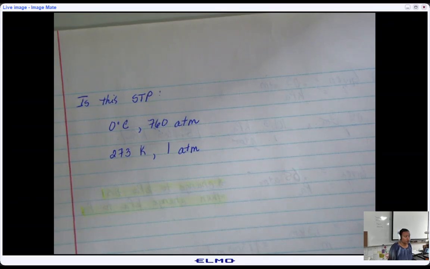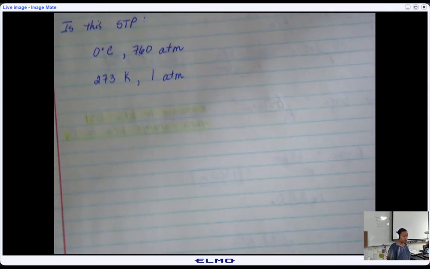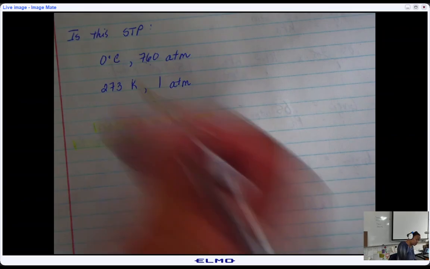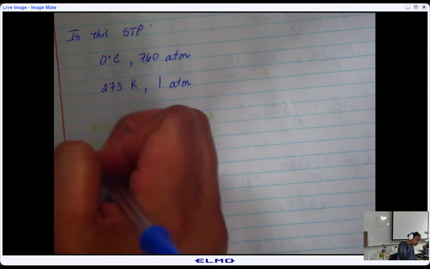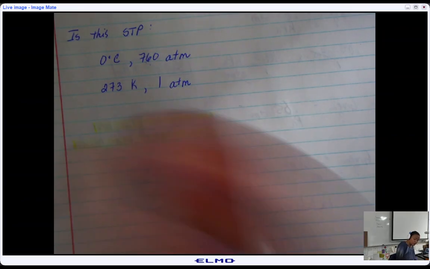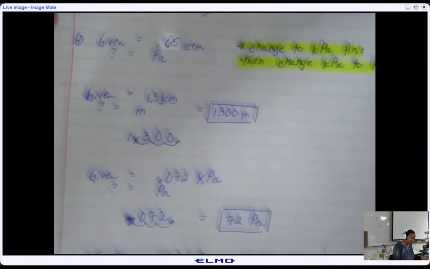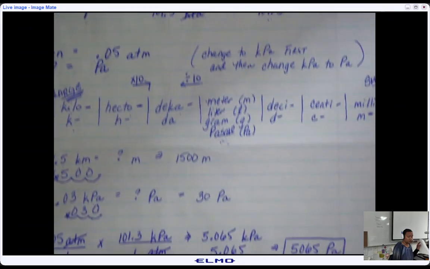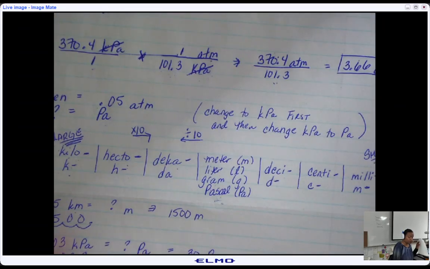All right, before we end this, what I want to do is work on a couple of temperature conversions just to make sure you know what you're doing, since that is in your homework. On the notes that you took, you have a document that you're going to be turning in with your standard pressure.